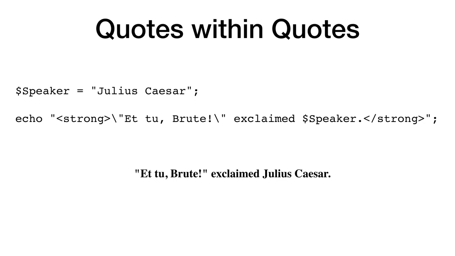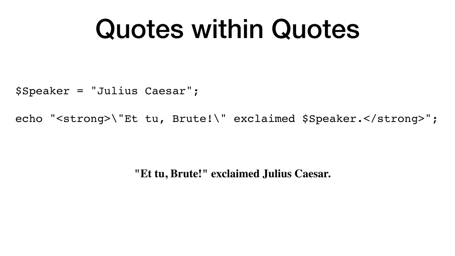So here we have variable speaker gets Julius Caesar, and then the PHP is saying echo open bracket strong close bracket double quote et tu brute double quote and then exclaimed, and then Julius Caesar is inserted here in place of the variable speaker.